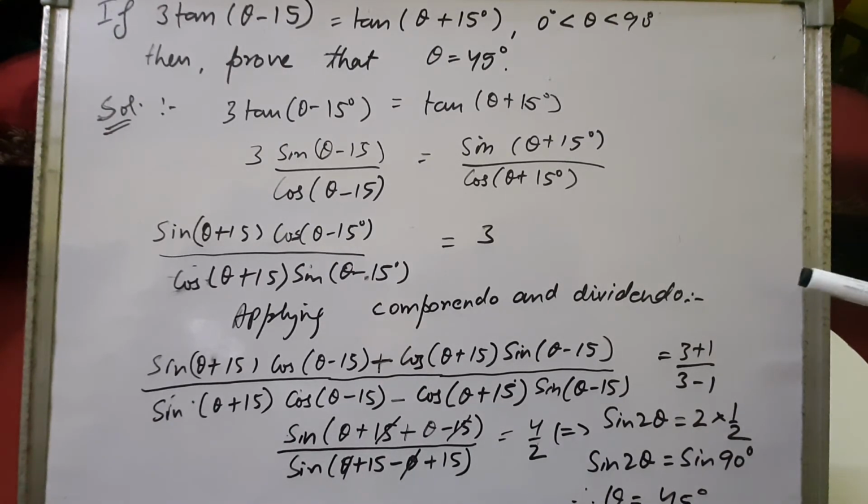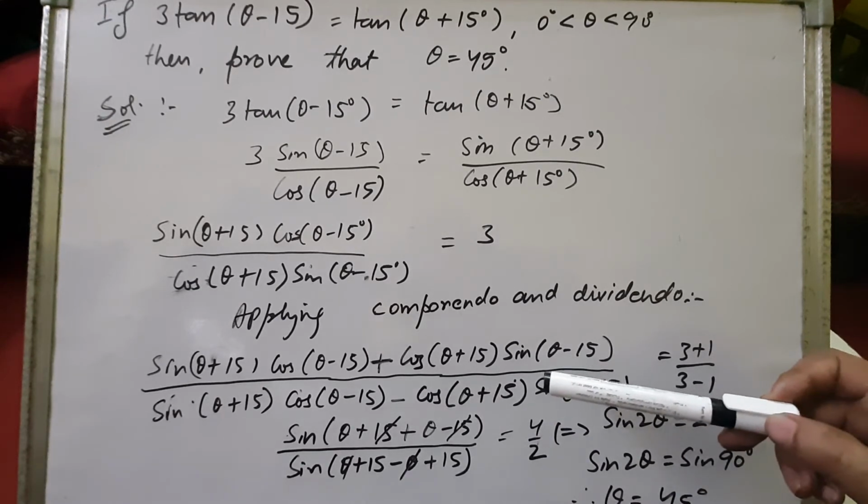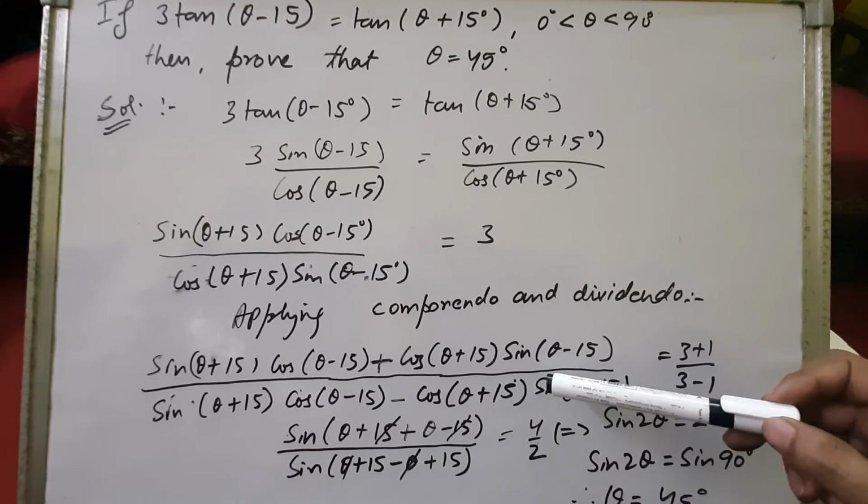Then what we are doing? We are applying componendo and dividendo. We know that if A upon B equals C upon D, then when we apply componendo and dividendo, it will become A plus B upon A minus B equals C plus D upon C minus D. Right. So here what we'll get? Sin (theta plus 15) cos (theta minus 15) plus cos (theta plus 15) sin (theta minus 15).